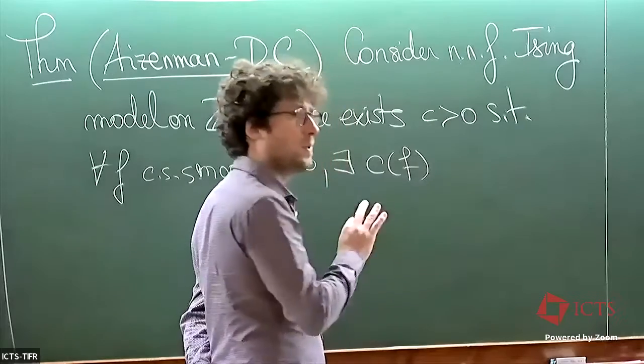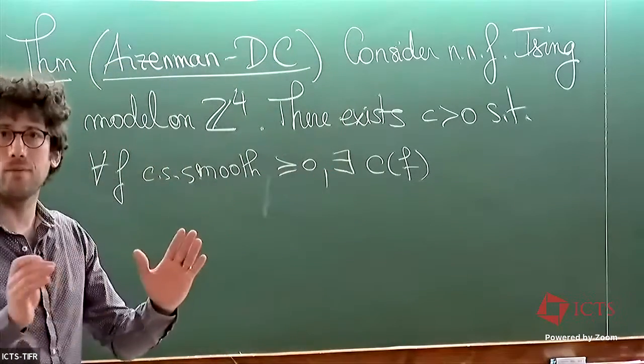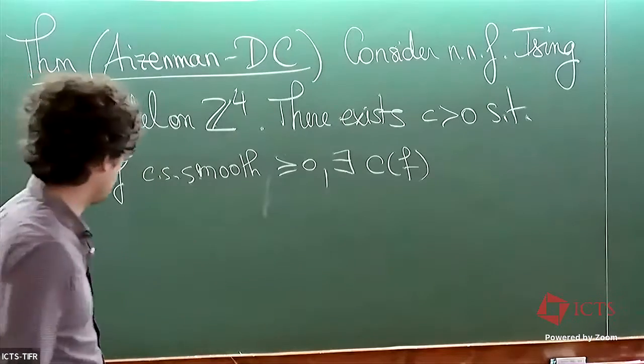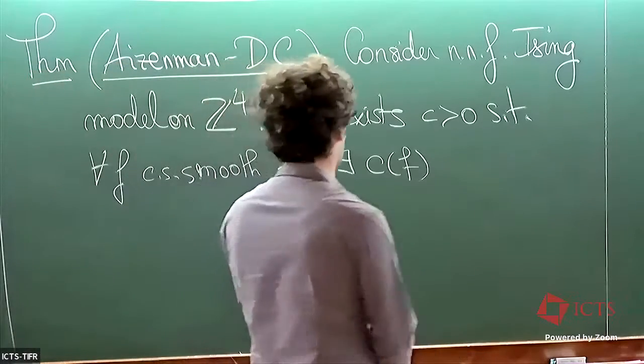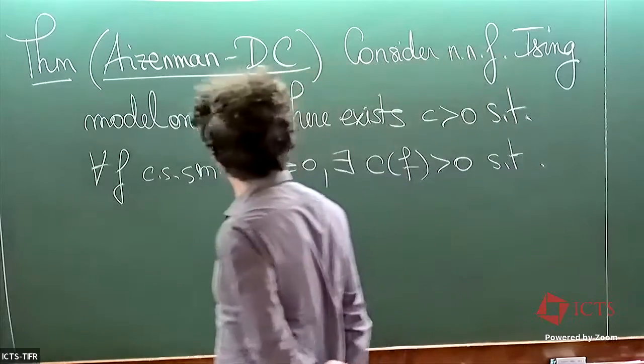In fact, it's an explicit constant. It's just expressed in terms of the norm of f and the size of the support of f. Such that you have the following.